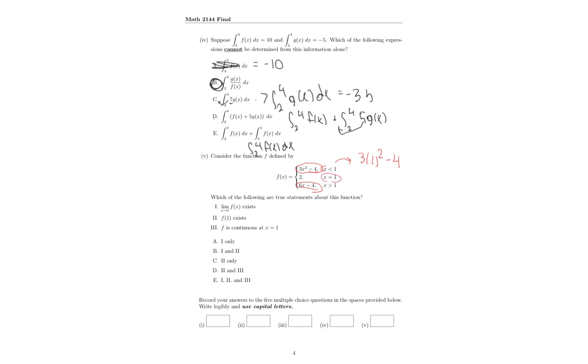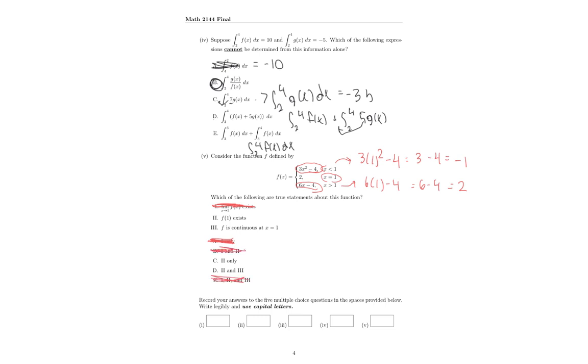But just to see what this value is approaching, I'll check it at 1. So it'll be 3 minus 4, so we get negative 1. Well, let's check this one at 1. 6 times 1 minus 4 would be 6 minus 4, which is 2. Those do not match, so the limit does not exist. So that means anything involving number 1 is wrong.